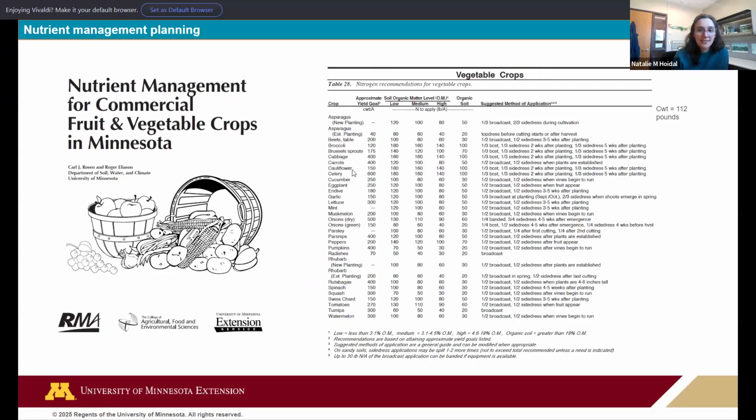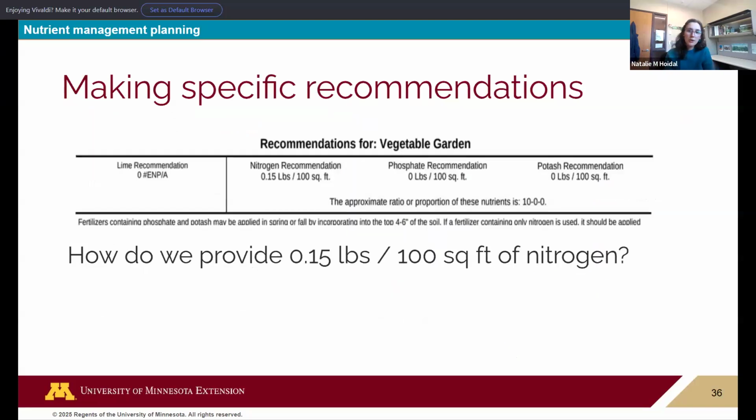It takes a little bit of time. You would have to go through and say, okay, I want to grow cucumber. I have medium organic matter. You follow the cucumber line over, and it says, okay, I need 80 pounds of nitrogen for my cucumber. And then the next page does the same thing for potassium and phosphorus. So you can come up with your own using that guide.